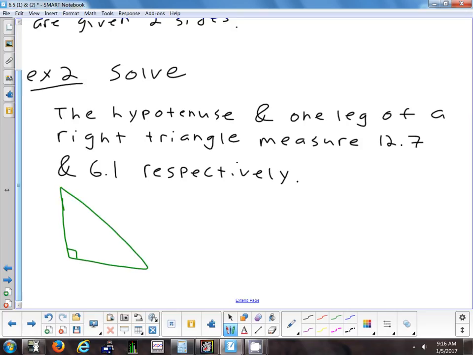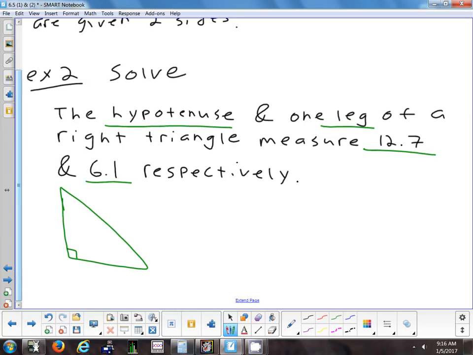Did they tell me what side has to be A and B? No. So I don't know exactly where the 6.1 is going to go, because it says the hypotenuse and the leg. So that's the hypotenuse and the leg.